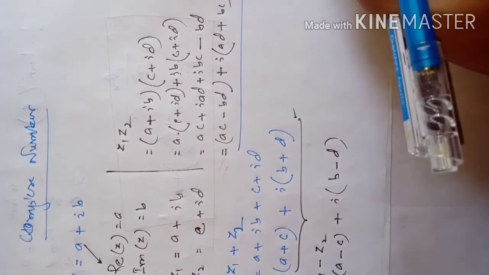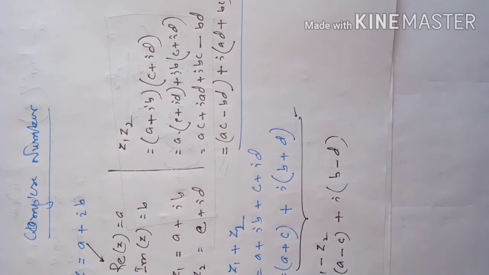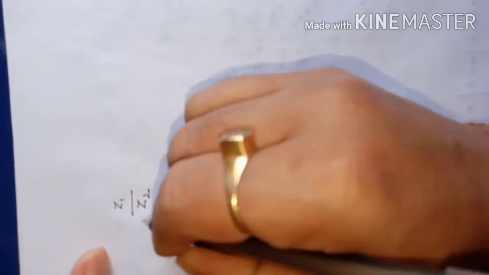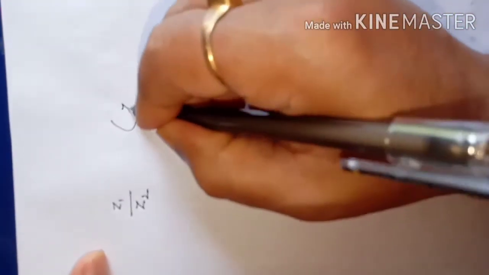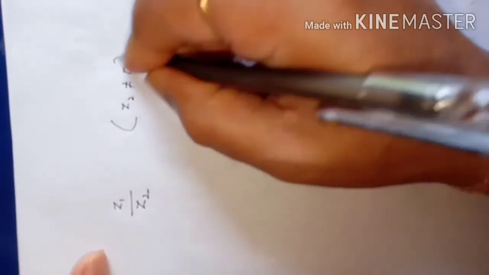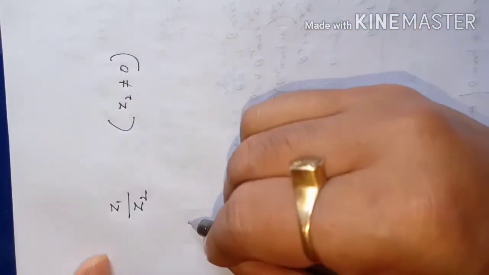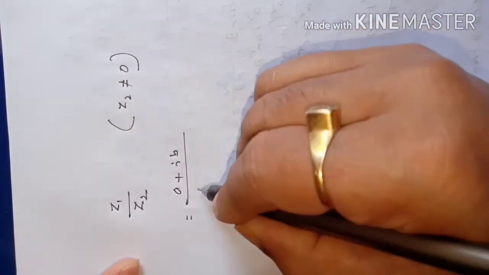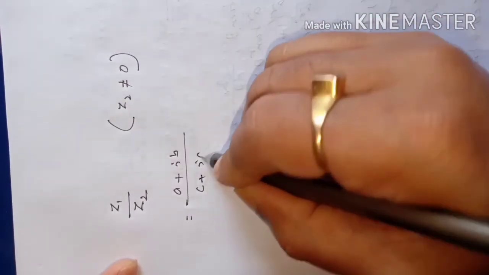Now if a complex number is divided by another complex number, suppose we divide Z1 by Z2, provided Z2 is not equal to 0, then we can proceed like this. Suppose Z1 is a plus iota b and Z2 is c plus iota d.